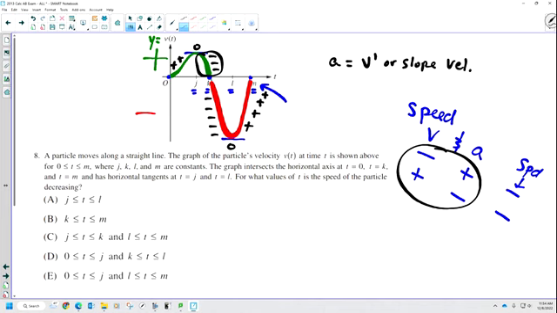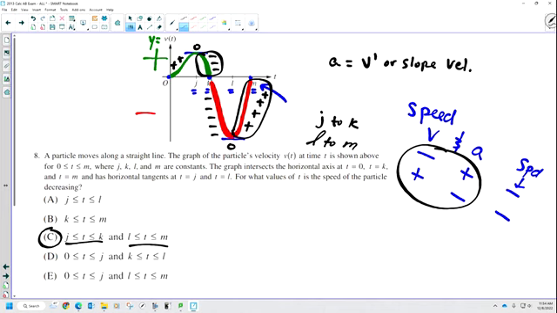So from J to K, it's decreasing from J to K. And then also this is a negative velocity in red with a positive acceleration, the plus signs. So from L to M. Believe it or not, this is the easy way. It's not the easy way. All right, so from J to K and from L to M, which looks like it's choice C.